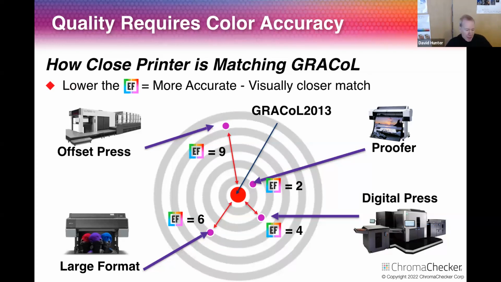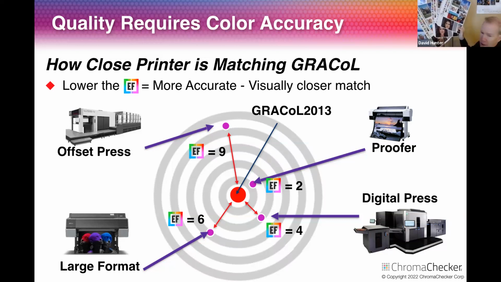Because I'm sure many people have had two prints both match ISO coded, or both be G7 compliant, but when you put them next to one another, they don't look very close to one another. And so you're asking, okay, which one's right?